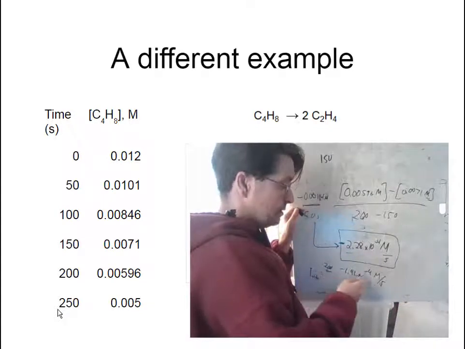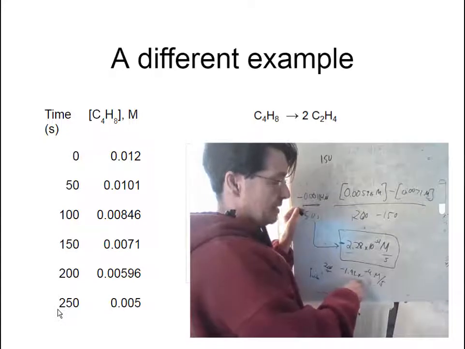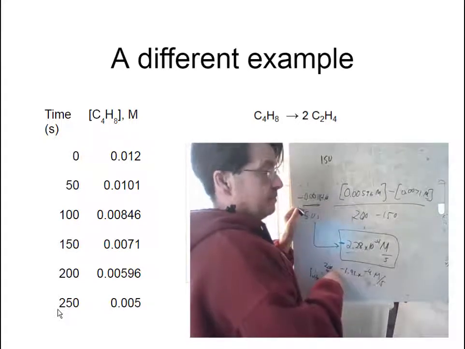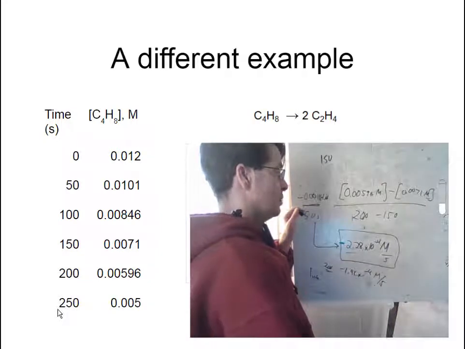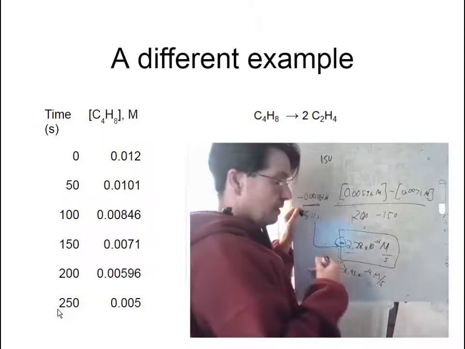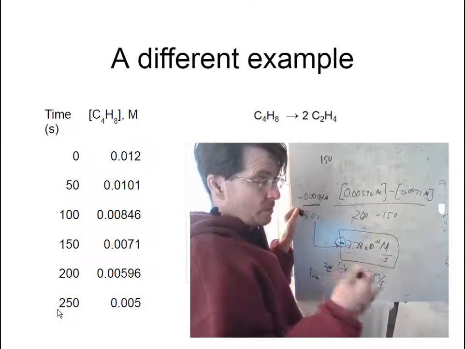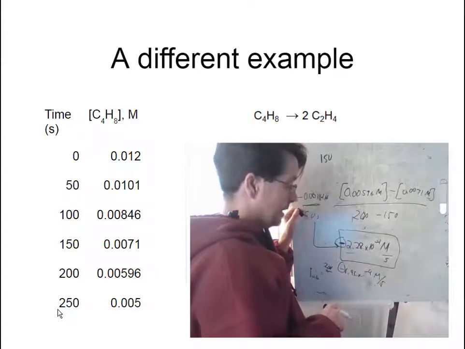Between 200 and 250, the average rate is 1.92 times 10 to the minus fourth molar bromine per second. And that can be a little bit odd, thinking about this in terms of the negative sign. We are going to eliminate that, though. Almost always rates are reported as positive values, and we'll talk about why in a second.